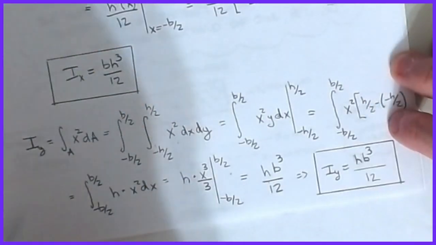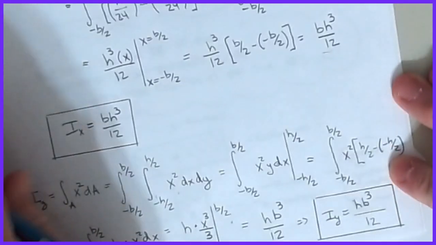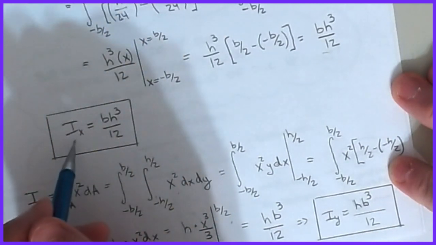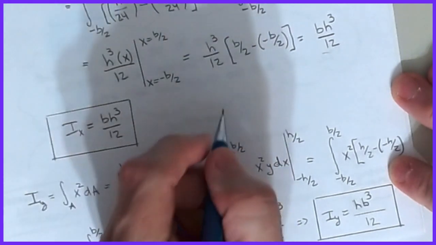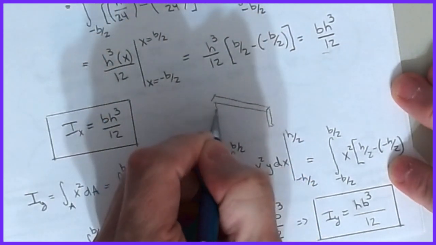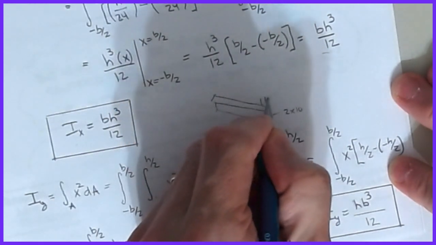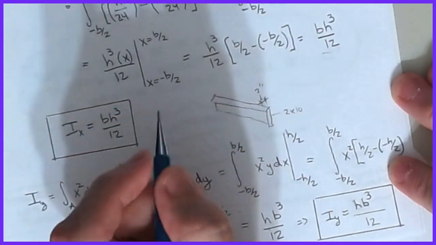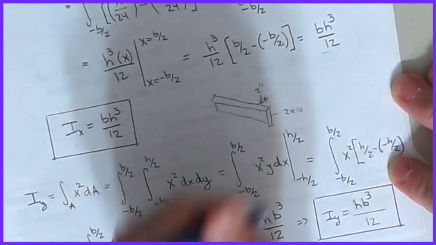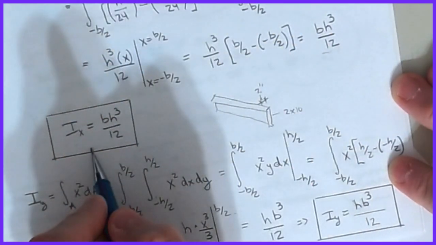So you can see that the moment of inertia is different depending on which axis you're going about. And what that does is set us up for figuring out that, depending on deflections, the bigger the I, the smaller the deflection. If you look at the floor beams in your house, that's the reason that, if this is a 2x10, with the 2-inch dimension and the 10-inch dimension as the height, and all the loads are acting down on this beam, I get a bigger I because I have a bigger h in the Ix value.